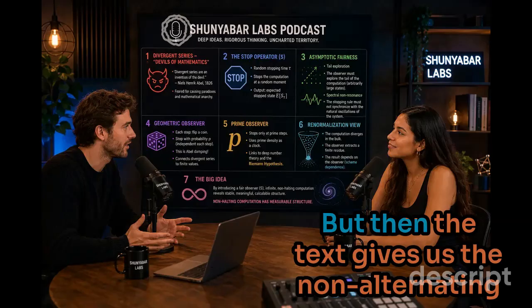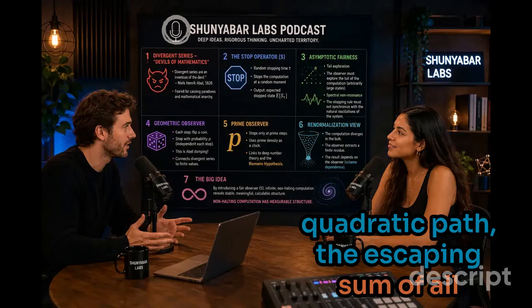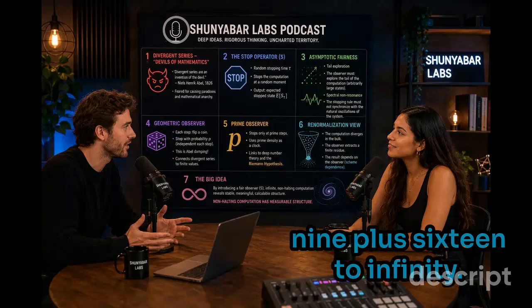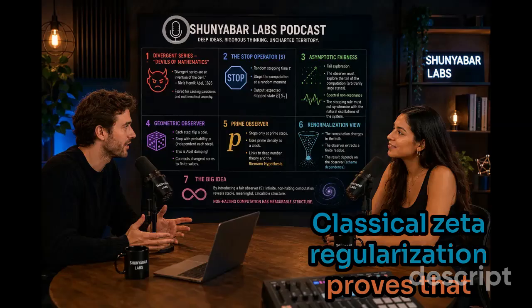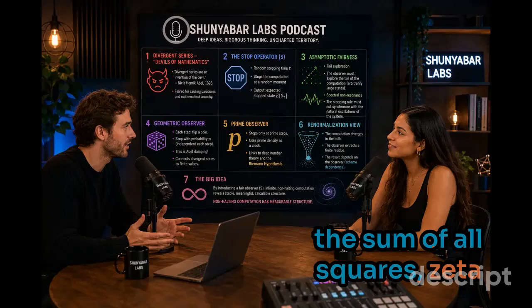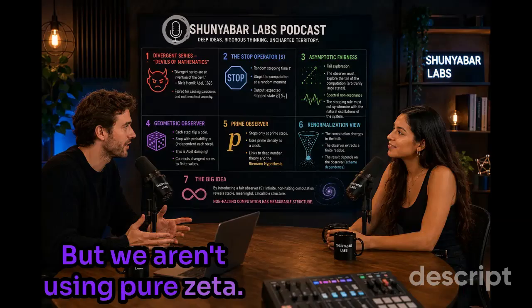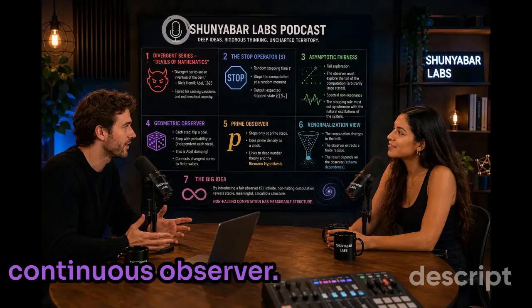Right. But then the text gives us the non-alternating quadratic path, the escaping sum of all squares. 1 plus 4 plus 9 plus 16 to infinity. Classical zeta regularization proves that the sum of all squares, zeta of -2, is strictly 0. But we aren't using pure zeta. We are using our continuous time observer.